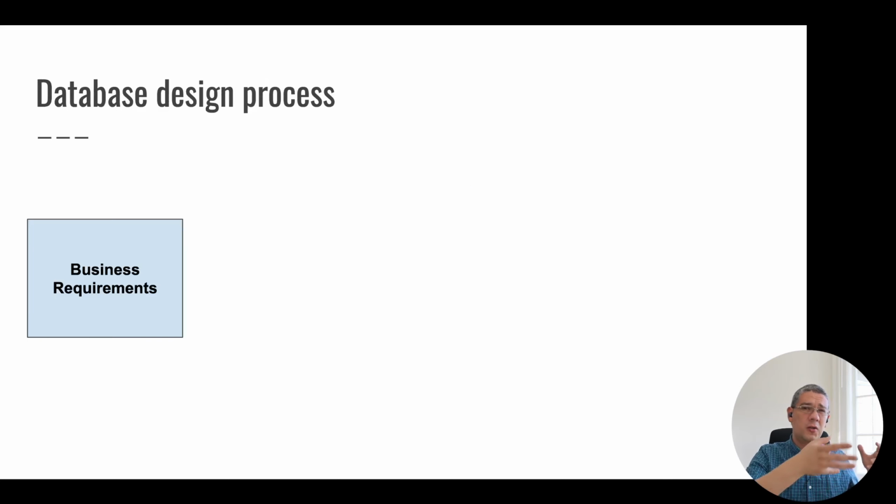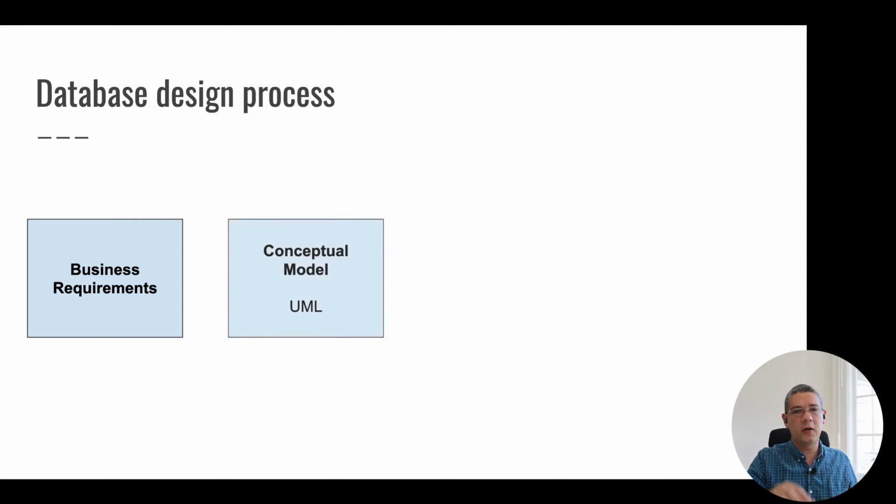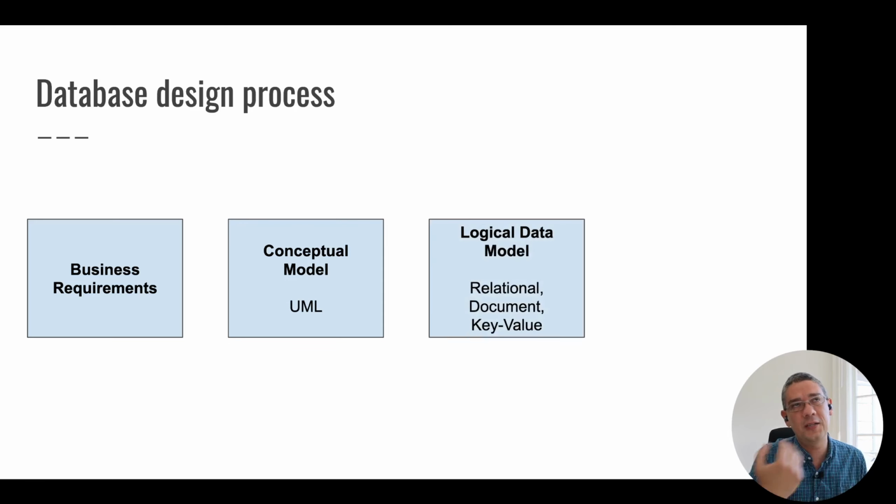So in the course, we are going to go all the way from how to understand a problem, extract the main characteristics from those problems, and what is the data that needs to be stored. We are also going to learn different conceptual models that can be created out of those, that you can use to show the users and to confirm with them that you have understood what they need you to do, and then start creating different logical models that will depend on what type of database architecture you choose.